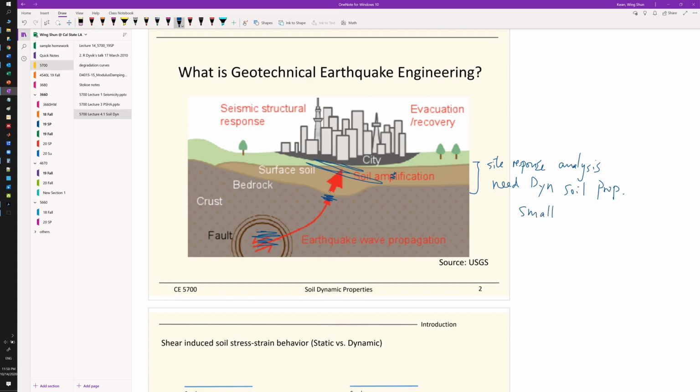You will hear this term a lot throughout this lecture, and I'll explain what it is in more detail. Strain is a measure of small displacement, and this matters a lot for how the shear wave propagates through the soil.